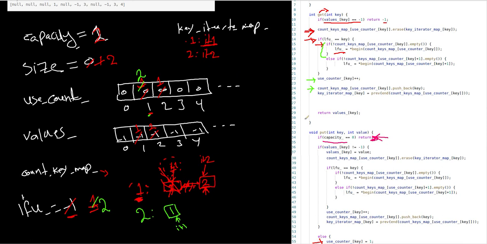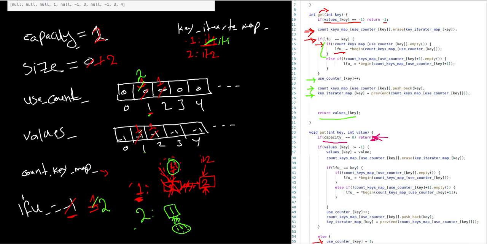So here also key iterator map of the key equals this one, we insert it here. So this one will point to this node. It's the same name here, but it's a different pointer. So it1 will point here now in this linked list, and at the end we return values of key.